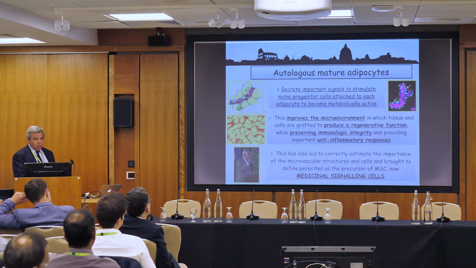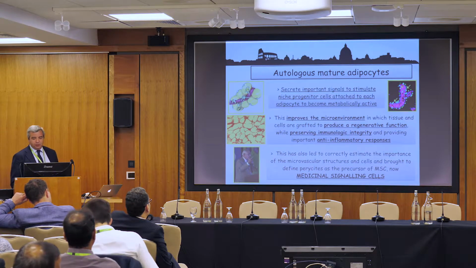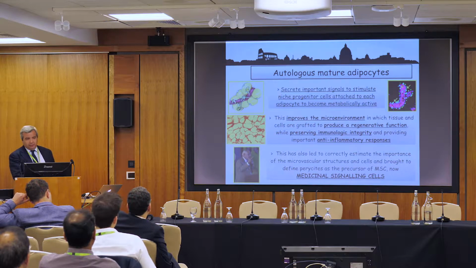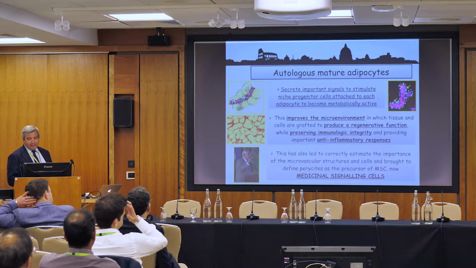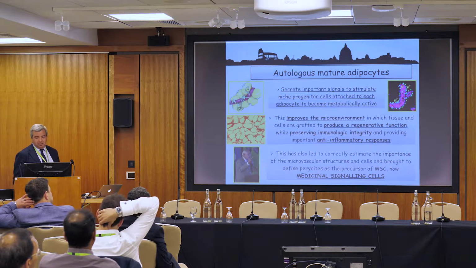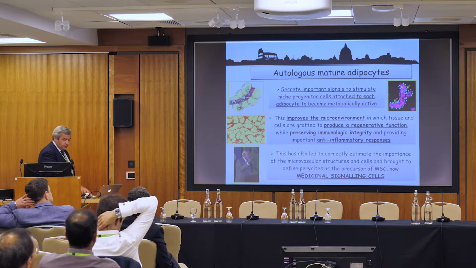And this, as once more Kaplan said in the last paper he has just published in 2017, has brought to define the pericytes as the precursors of the mesenchymal stem cells. And now you know we have to call them medicinal signaling cells.